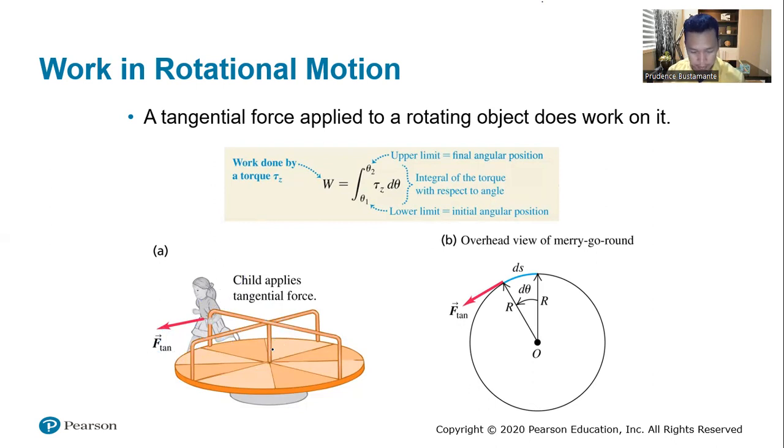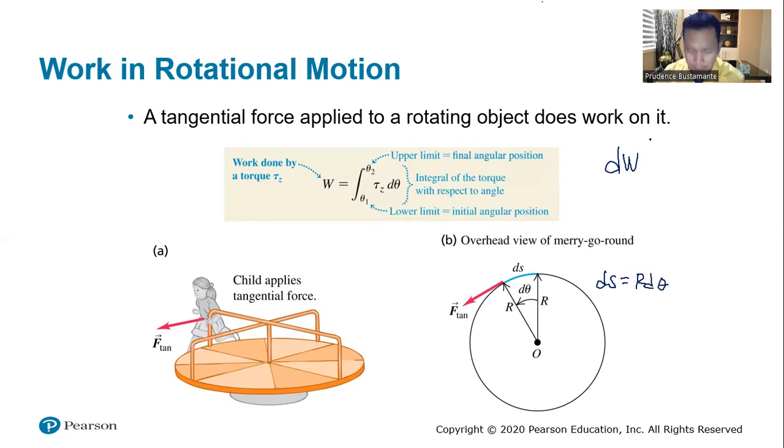Okay, and we have a work dW done by this tangential force while a point on the merry-go-round moves a distance ds. Note that ds is just equal to r d theta.